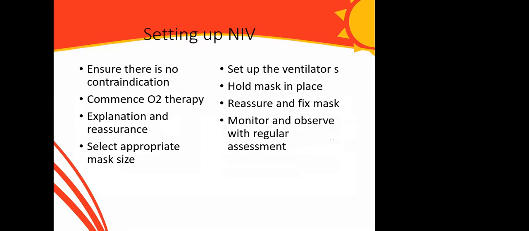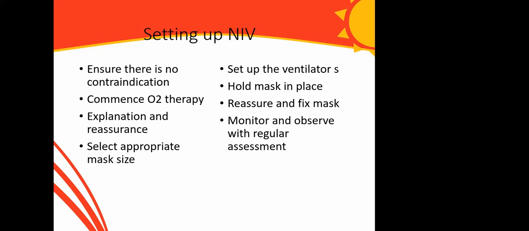So you want to rule out any contraindications, all right? Some of them are that the patient should be able to maintain his or her own airway, and the patient should also be comfortable in an enclosed space, because we are using an interface, which is your face mask or your oral nasal mask.